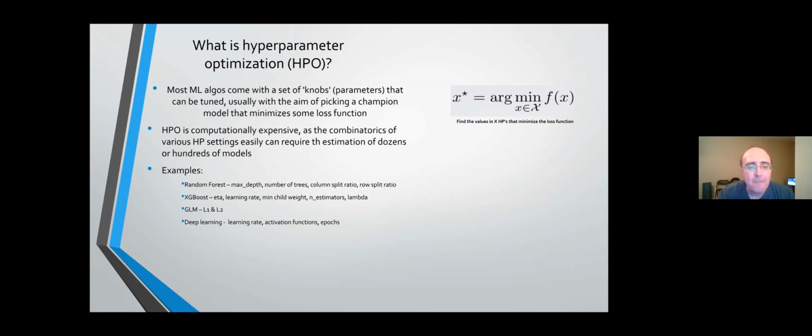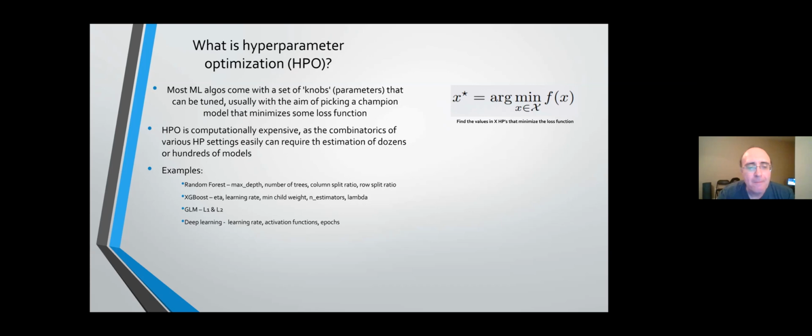First, we need to talk about hyperparameter optimization. For those who aren't familiar, most machine learning algorithms come with a set of knobs to be tuned, that we call parameters. And usually the goal of tuning these settings is to minimize some sort of loss function.